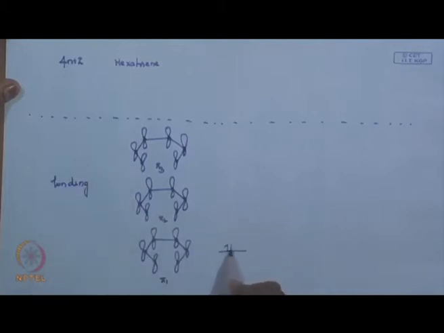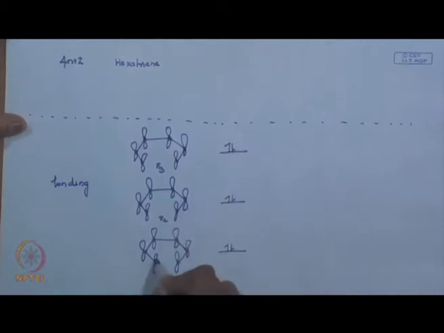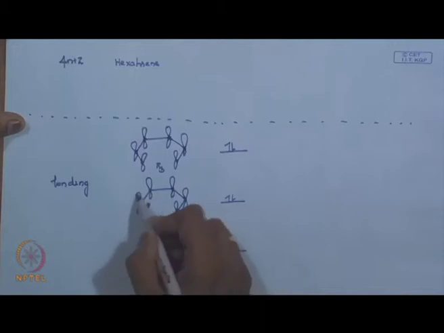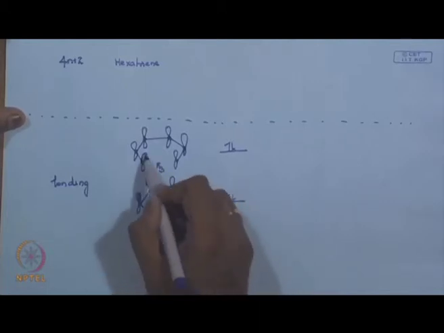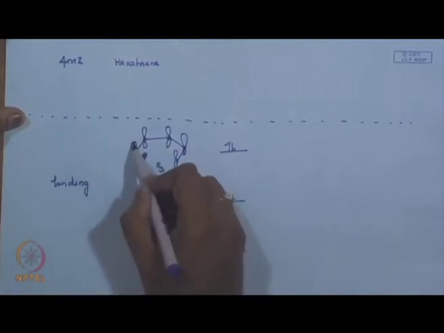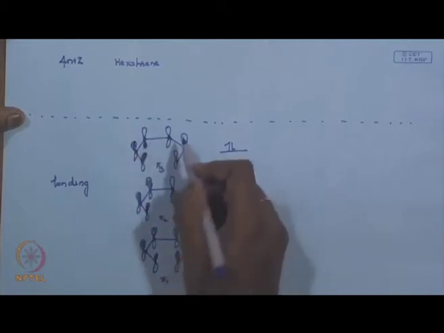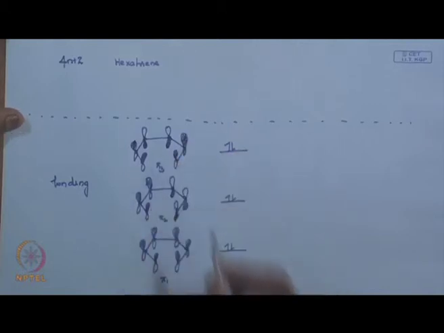So you will be talking about your electron systems here. In this case it will be 3 up and 3 down. Here it will be 1, it will be up, then it will be down, it will be up, right.